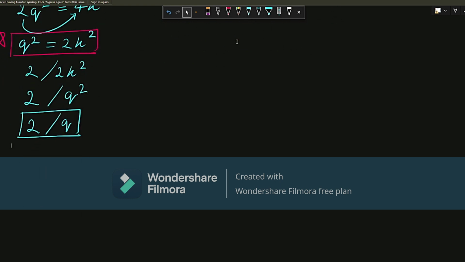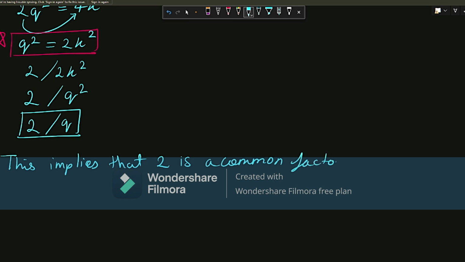Now the final statement, which is really important. As we can see, this implies that 2 is a common factor of p and q.